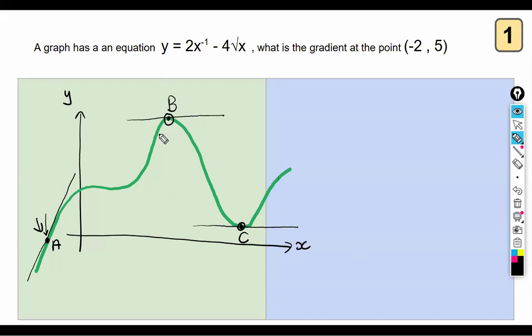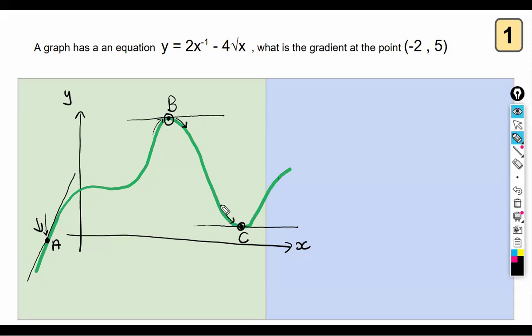This is where the graph is turning. Now, let me explain what I mean by that. You all notice that before B, the graph is going up, and after B, the graph is going down. Isn't it turning? Isn't it going from up to down about point B? What about point C?